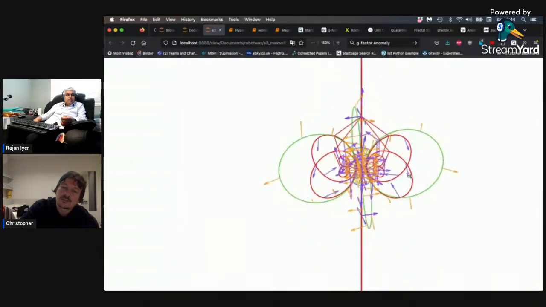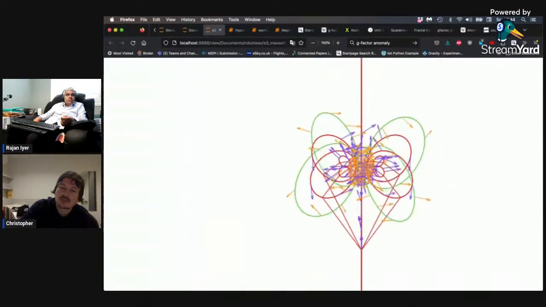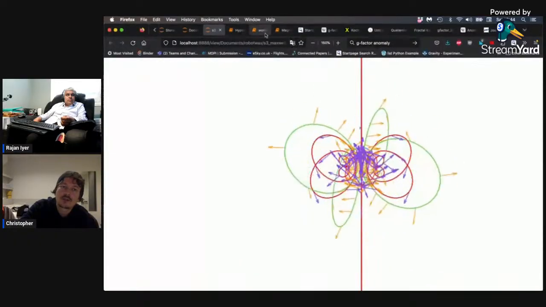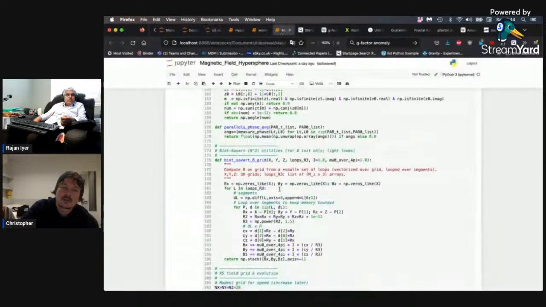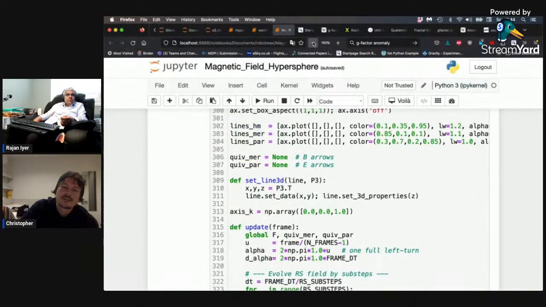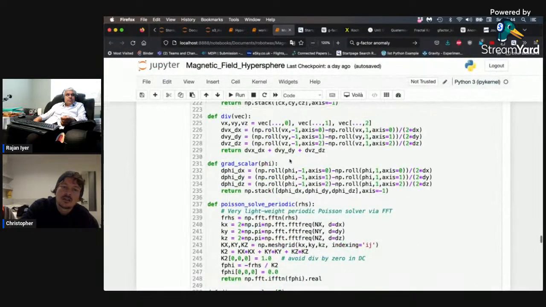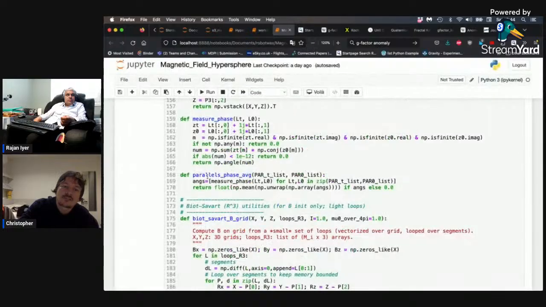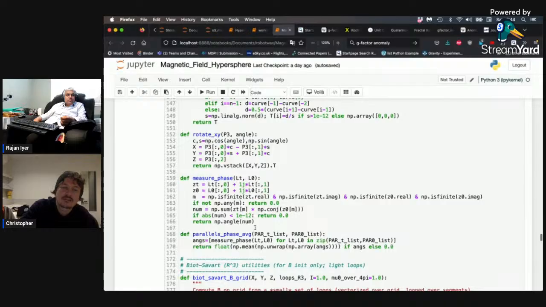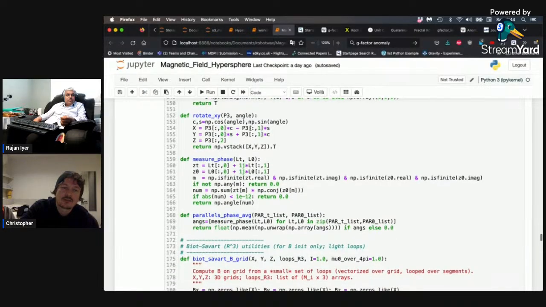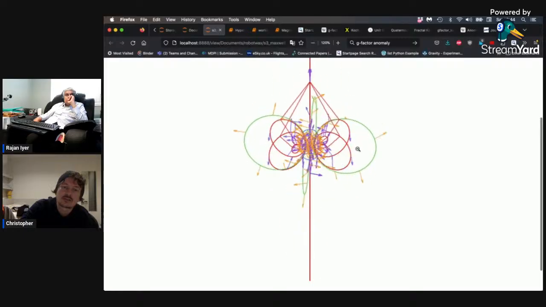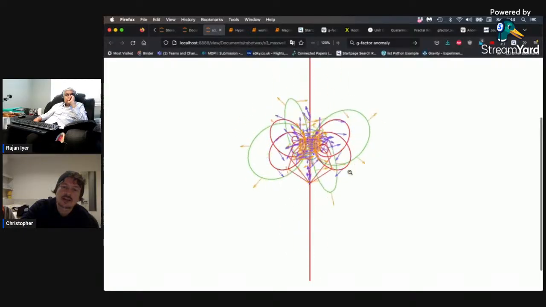But in order to stop the red ones from rotating, we apply, yeah, this is where it gets a bit tricky, we apply this parallel phase average. So you basically measure the phase from the static point and then rotate it the opposite direction. So you can stop one field from rotating based off the other field as it rotates. So that gives us a static method.